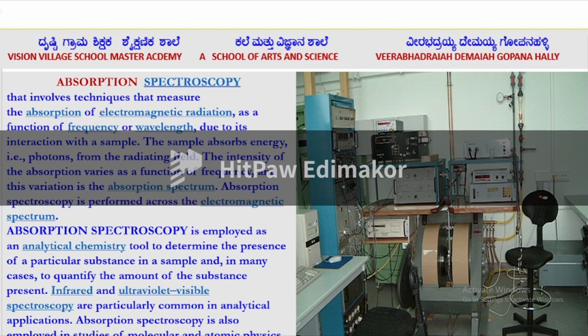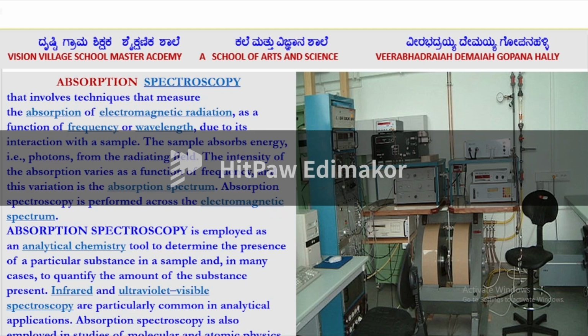Infrared and ultraviolet-visible spectroscopy are particularly common in analytical applications. This is the sophisticated instrumentation technology used in analytical laboratories, especially in our department, Geological Survey of India, Chemical Division.